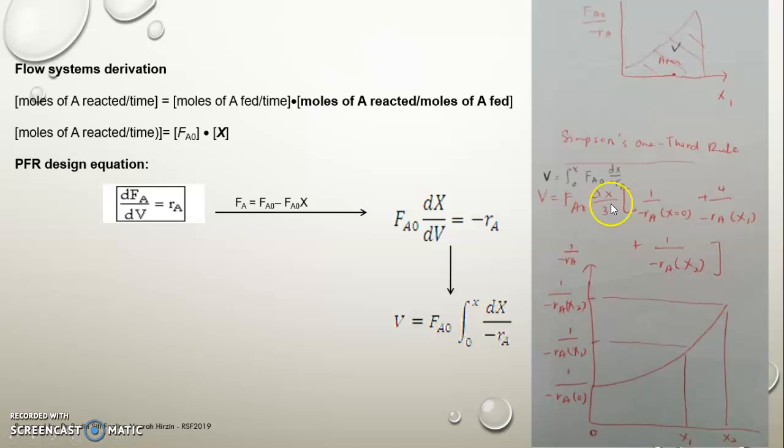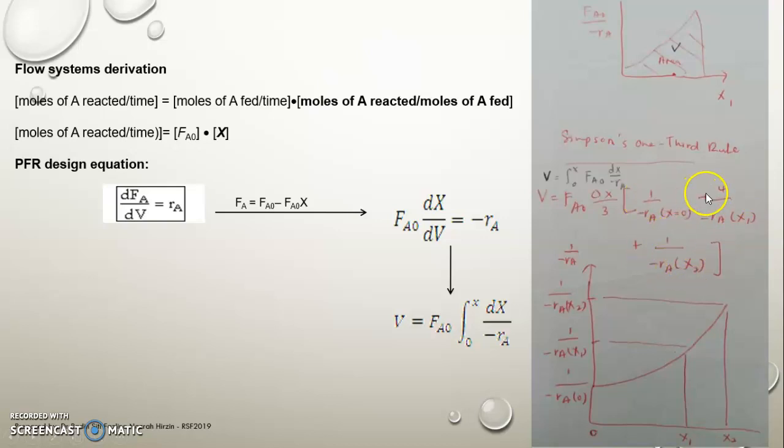So first, V equal to the integration of the conversion, from X equal to 0 to conversion N. Then awak kena masukkan formula yang ni, delta X divided by 3, times 1 over negative RA when X equal to 0, plus 4 over negative RA X1, plus 1 over negative RA X2.